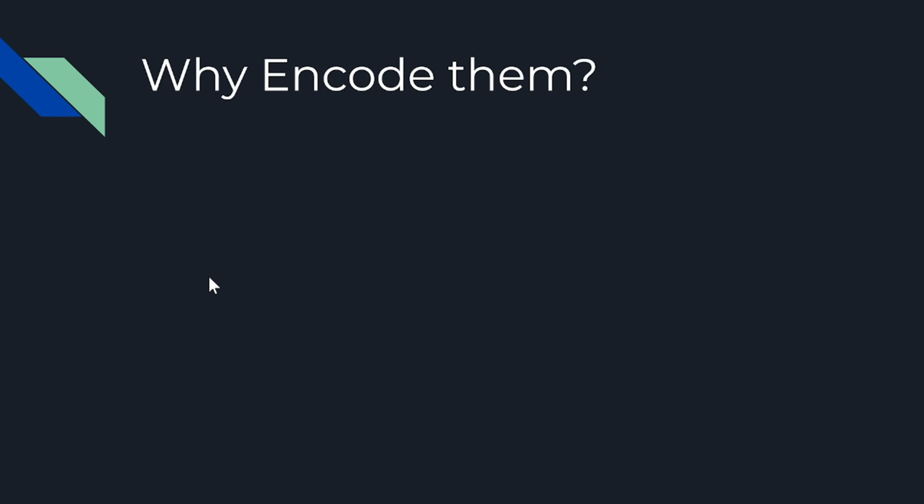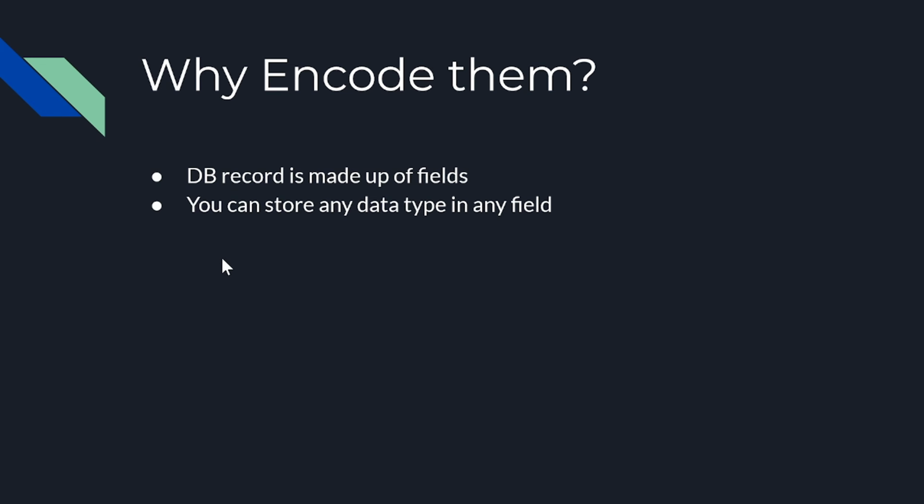Now, first off, why does it encode them? There are several reasons from what I can tell. A database record in this implementation is made up of fields. The cool thing about this database implementation, as I said earlier, is that you can store any particular data type in any particular field, and you can even change that. So let's say I have a record with 10 fields, you can insert a string into field 5, and then later on replace it with an integer.